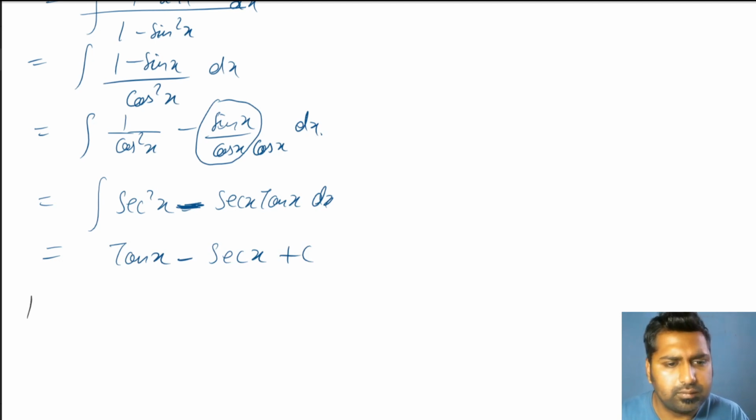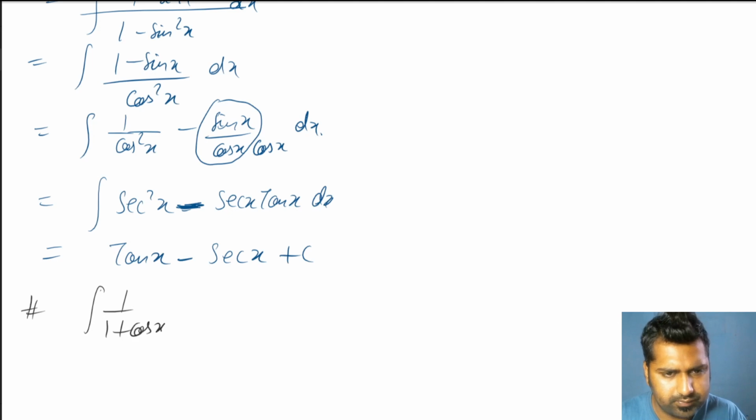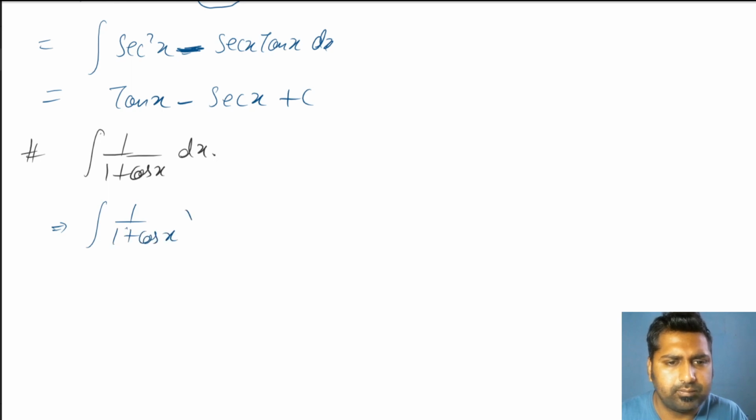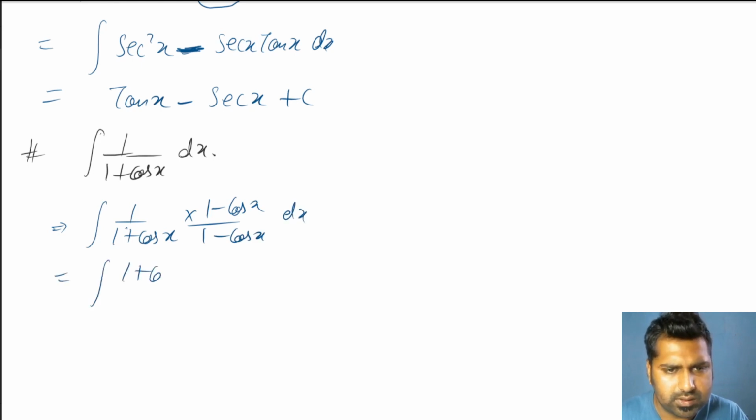Same idea. Start with integration of 1 upon 1 plus cos x dx. So for this question, what can we do again? Same thing, rationalize. 1 plus cos, 1 minus cos, 1 minus cos. So numerator becomes 1 minus cos, denominator becomes 1 minus cos square, that is sine square x.